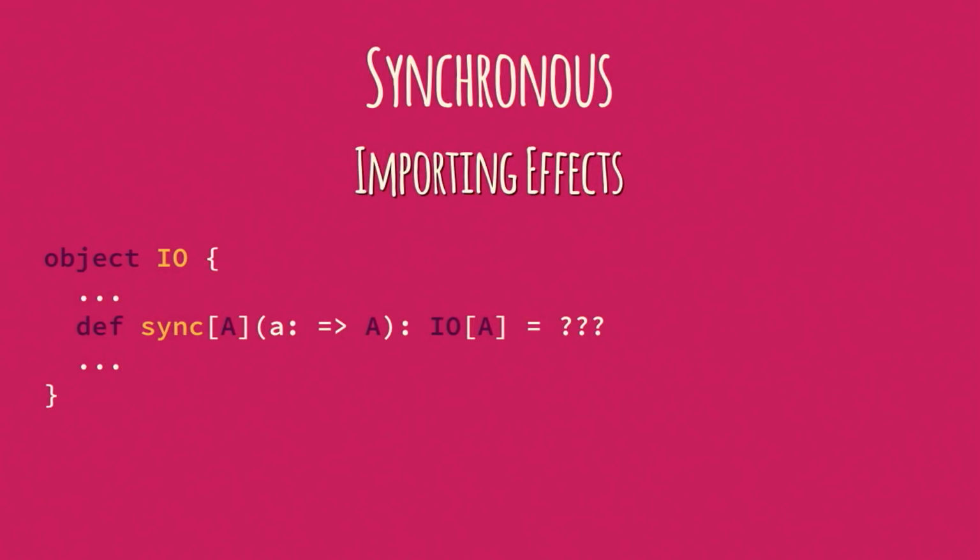This I/O type wouldn't be that useful unless we could interact with the real world and do some input-output. So of course you can do that with the sync method, which takes some imperative code and imports it into this data structure. It describes that effectful code in terms of one of the terms in the sum type that represents I/O.